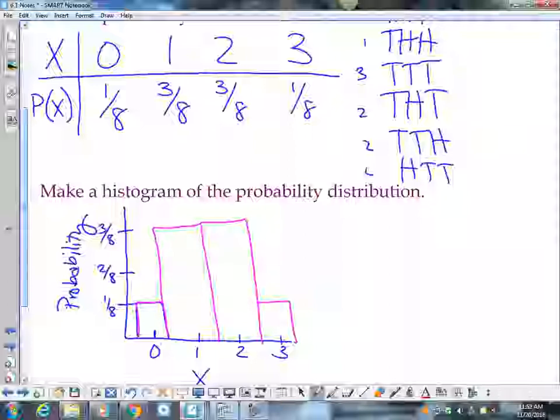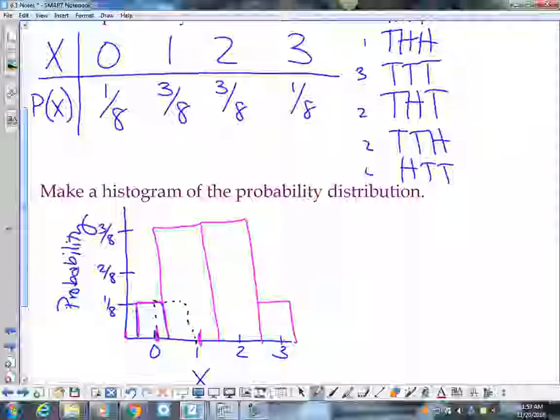Because I don't want to go from here to here, because I don't want it to look like, well, this doesn't make sense. Let's go from 0 to 1. If I didn't straddle, if I did that, it could look like it goes from 0 to 1.